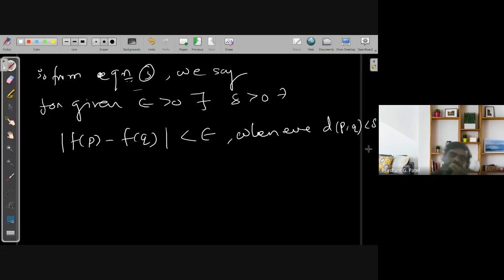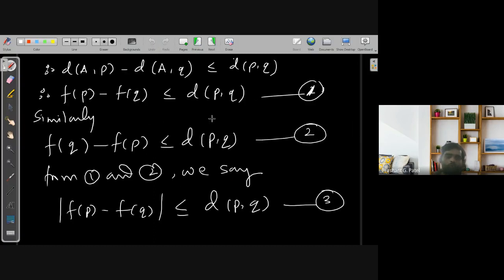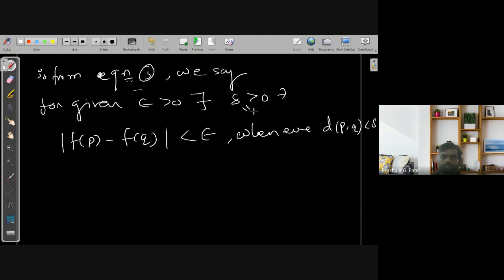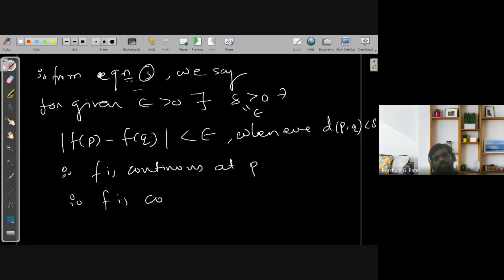Or I can say the distance between P and Q being less than delta implies this. What is your delta? Delta is exactly the epsilon that I have taken. So we have f is continuous at point P, and therefore f is continuous on X, which proves that statement.